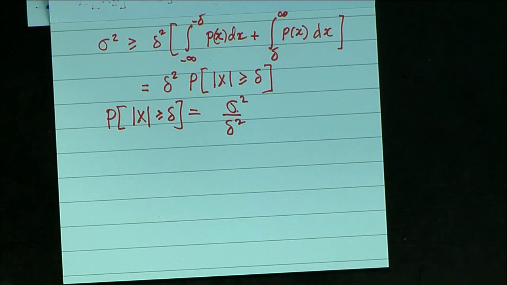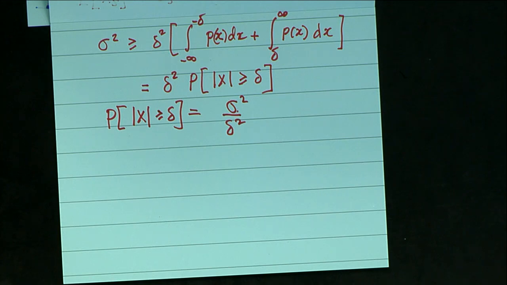That's not very strong, is it? Kind of weak probability. But suppose delta is 2 sigma. Then the probability of the mass outside is 1/4.